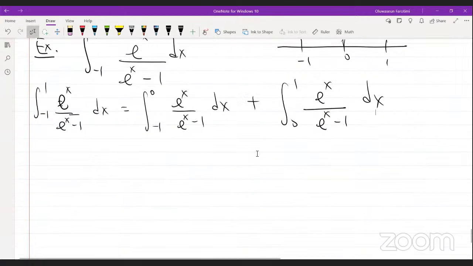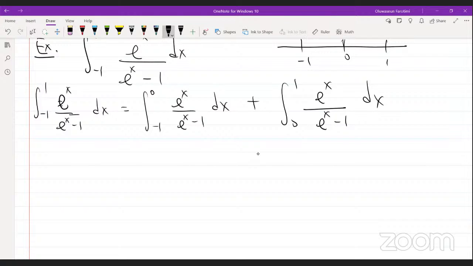Now we need to see what situation we have here. We have the same improper integral situation, right? In this case, the problem is going to be at 0. How do I know? e to the power of 0 is 1, and 1 minus 1 gives me 0. So you have 1 over 0, which is undefined. So there's a problem here.